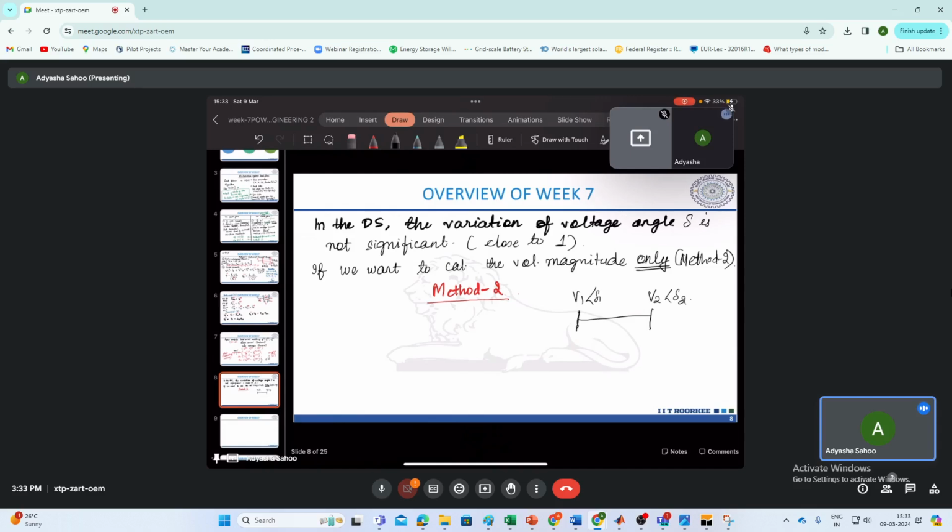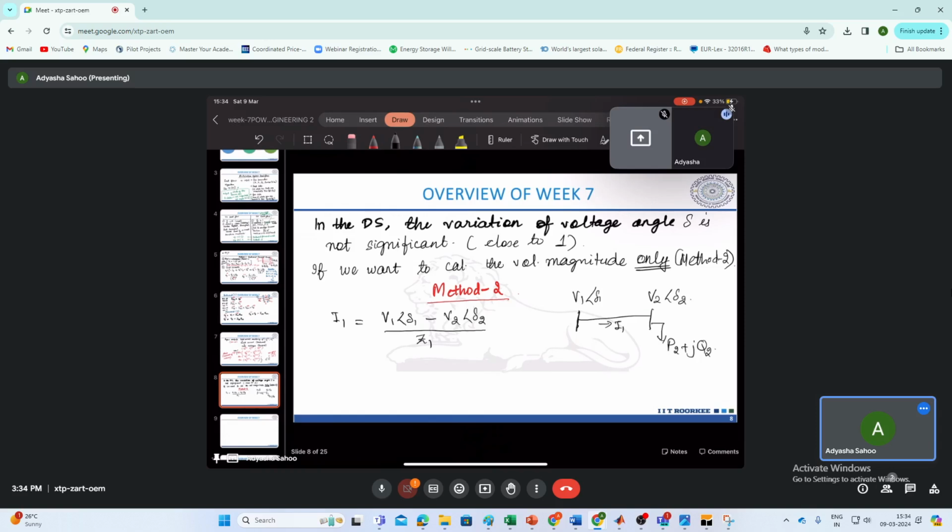From here I can calculate the current flowing here, I1, as the difference of voltage between the buses, V1 minus V2, by its impedance Z1, right? And also, let's say you had a load here, P2 plus JQ2.